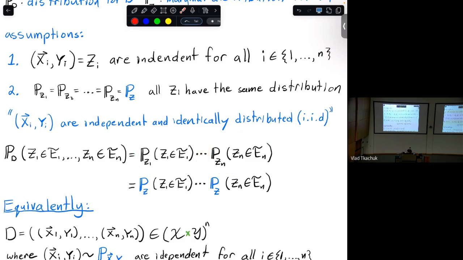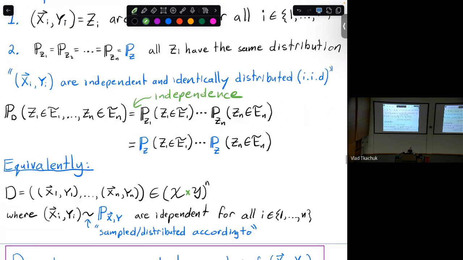And even better, every single one of these, let me make it clear, this is independence. Wow, it's a long word. Okay, and the second property is I can replace each one of these marginal distributions with the exact same distribution, P of just Z. And this is the fact that they are identically distributed.